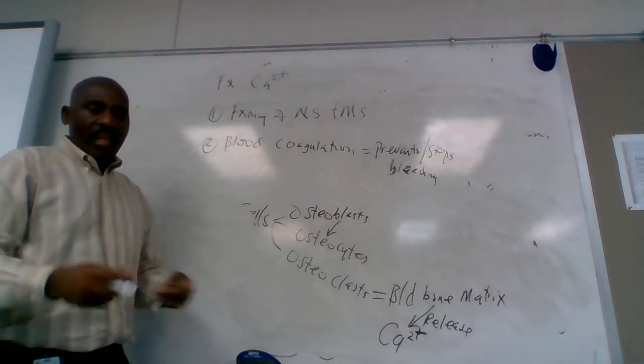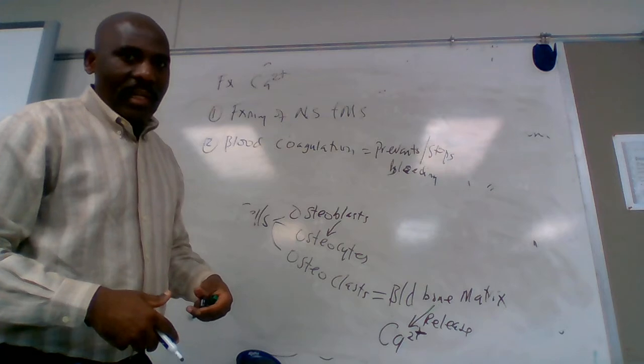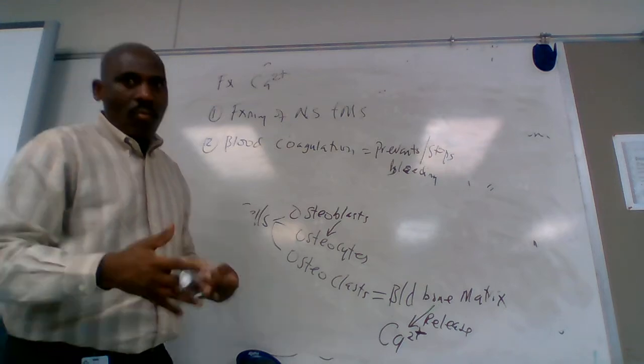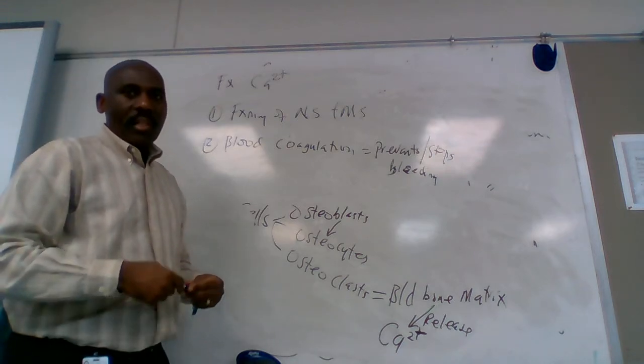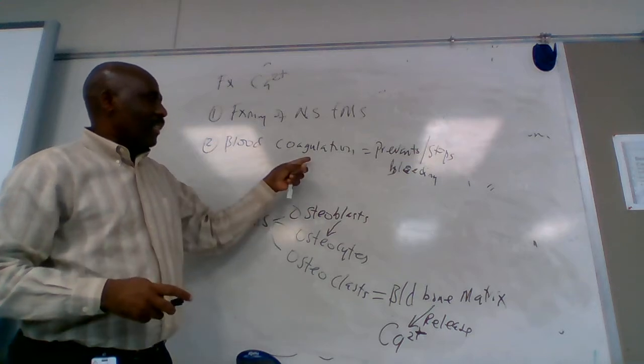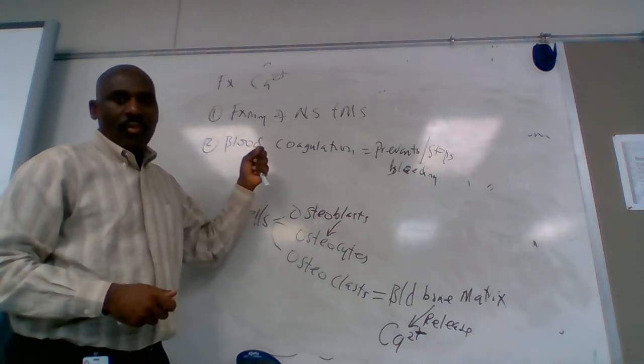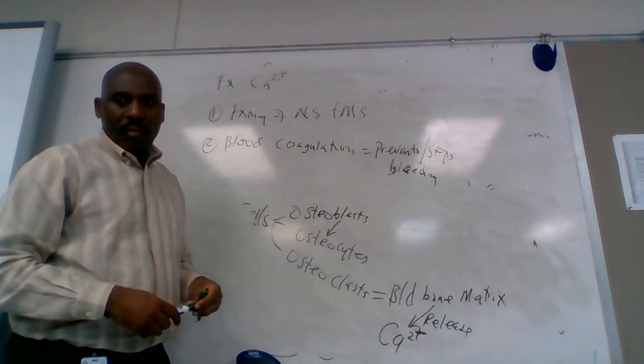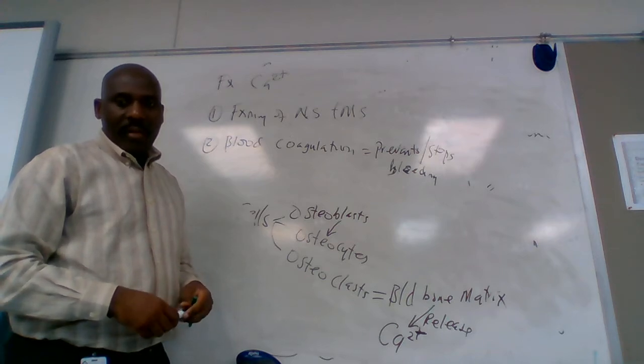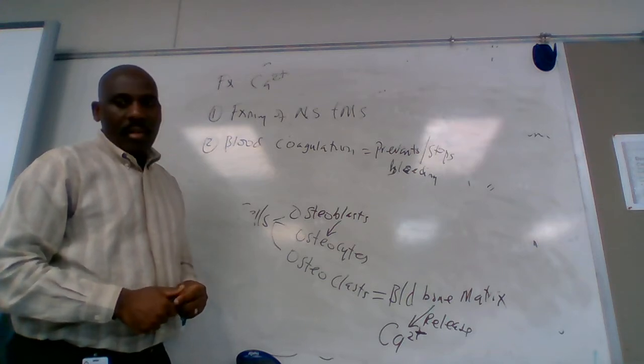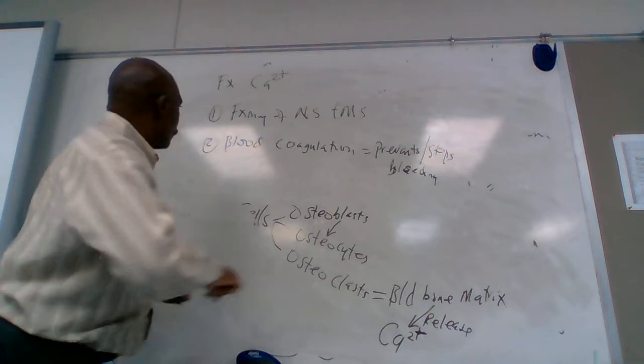So if you had a case where somebody had a wound and they bleed continuously, it could be that they lack calcium. They lack calcium as one of the elements they're supposed to have that can actually help with the clotting process.